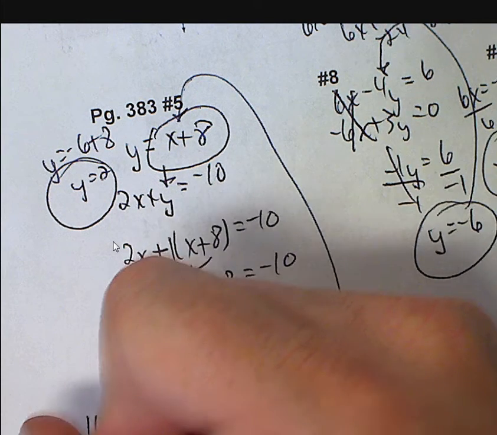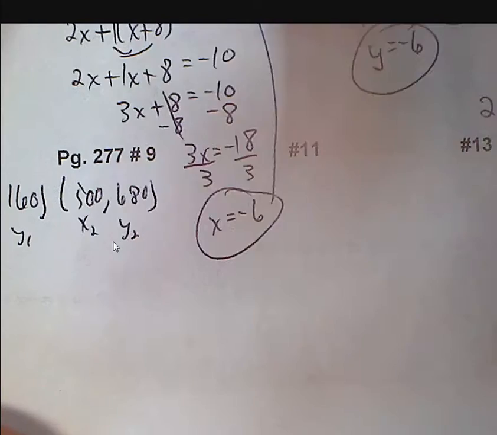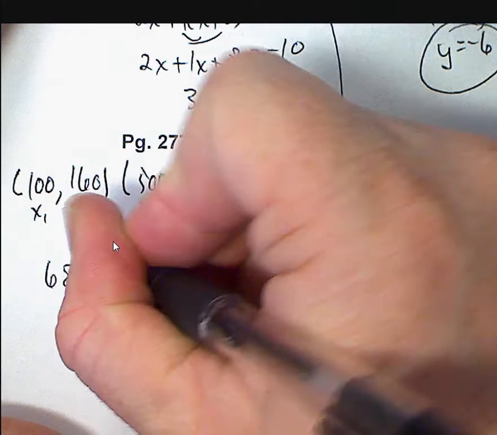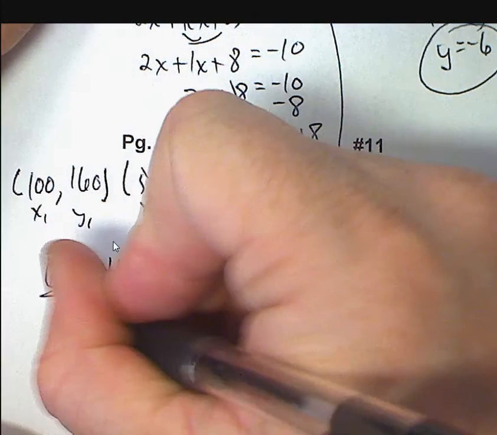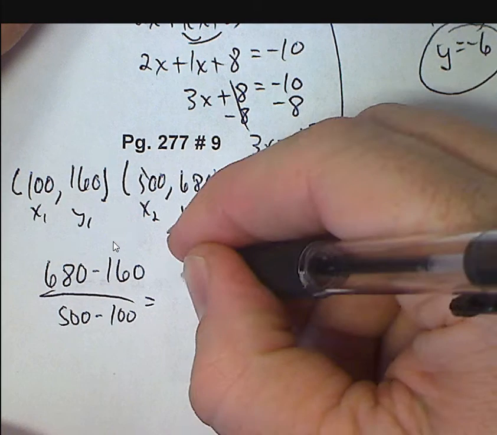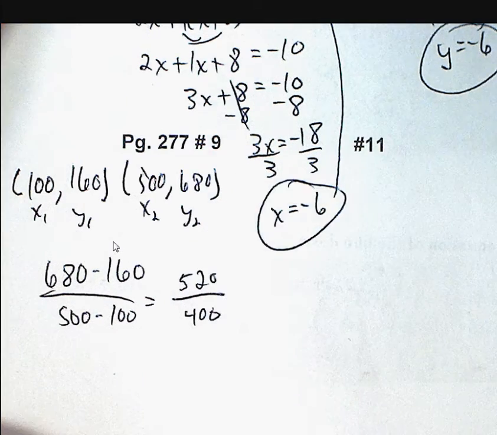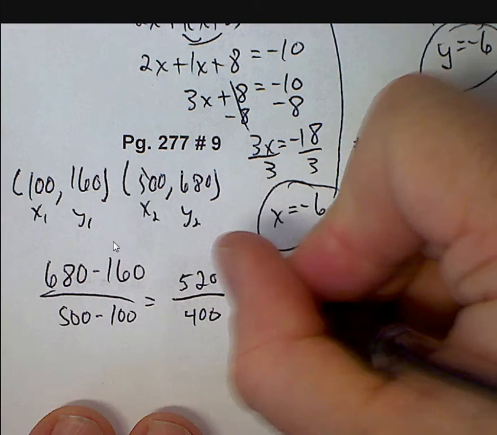So x1, y1, x2, y2. I would have 680 minus 160 over 500 minus 100. That gives me 520 over 400. 520 divided by 400 gives me 1.3.